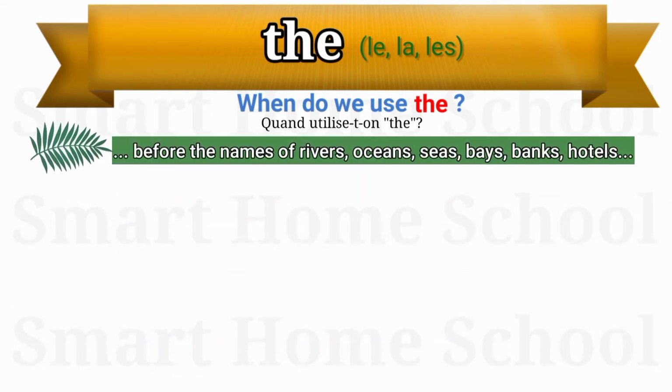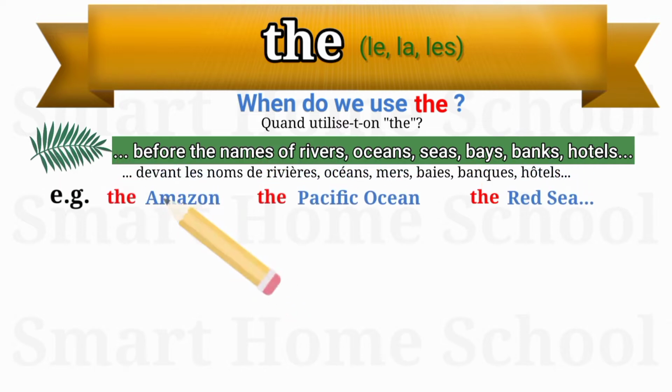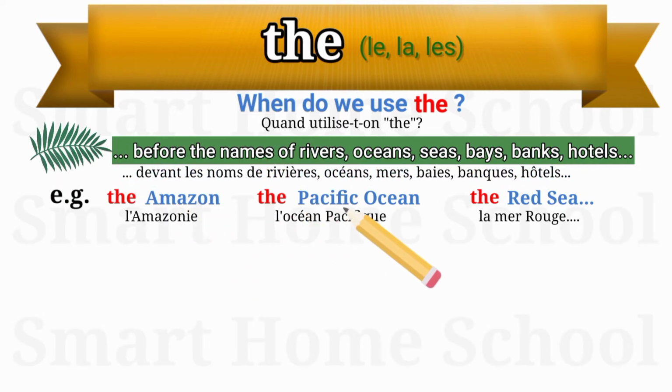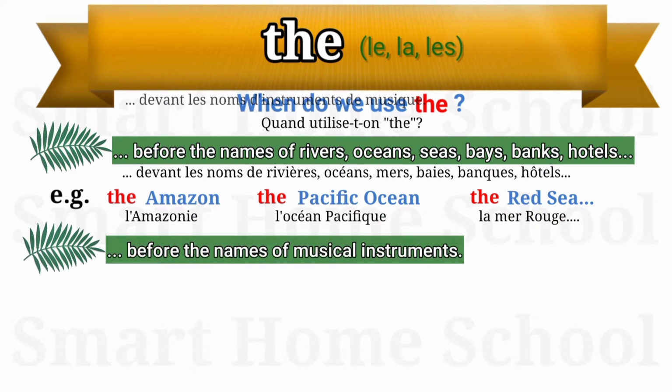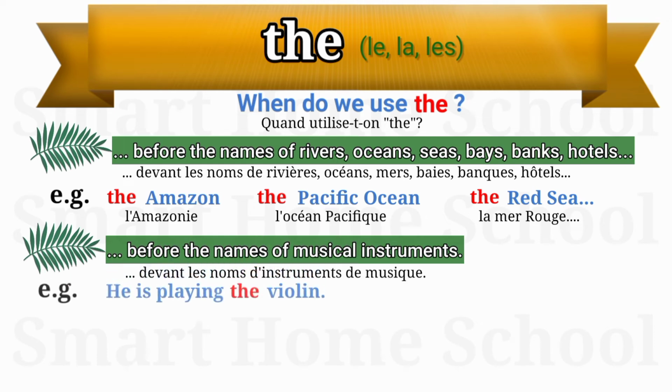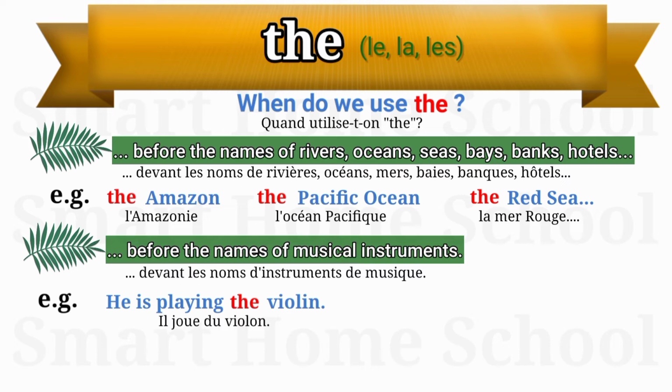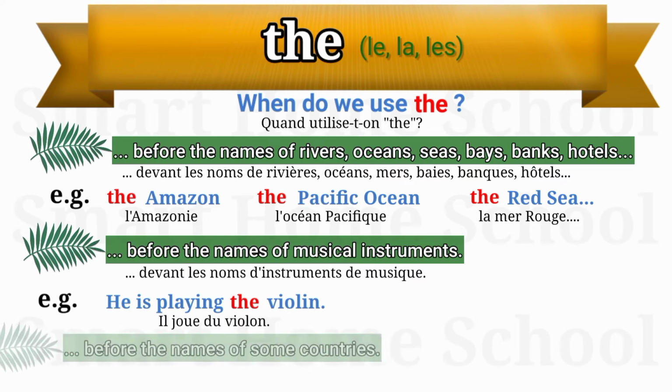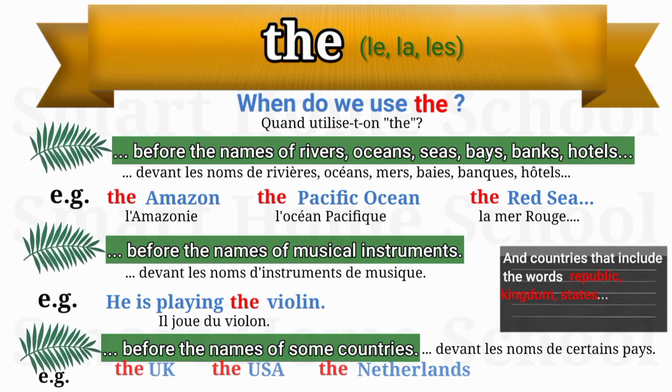We use the before the names of rivers, oceans, seas, bays, banks, hotels, etc. Example: the Amazon, the Pacific Ocean, the Red Sea. Before the names of musical instruments. Example: he is playing the violin. Before the names of some countries.